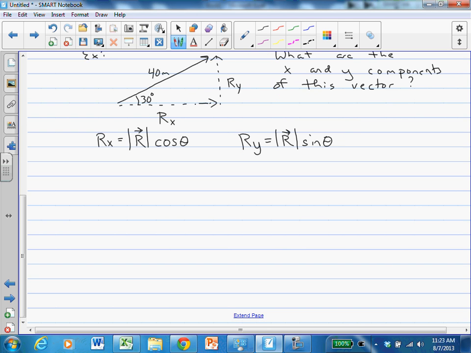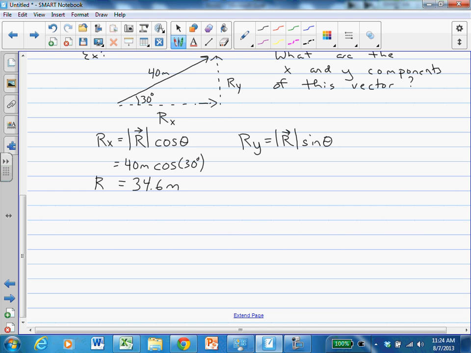If we calculate that, it's just putting in 40 meters, the magnitude of R, times cosine of 30 degrees. Making sure our calculator is in degree mode, I'll enter 40 cosine parentheses, if they're not already there, 30. That gives me 34.6 meters as the x component.